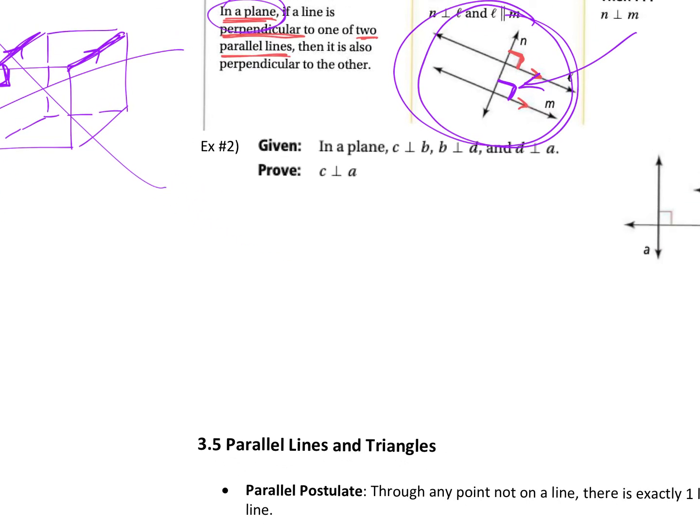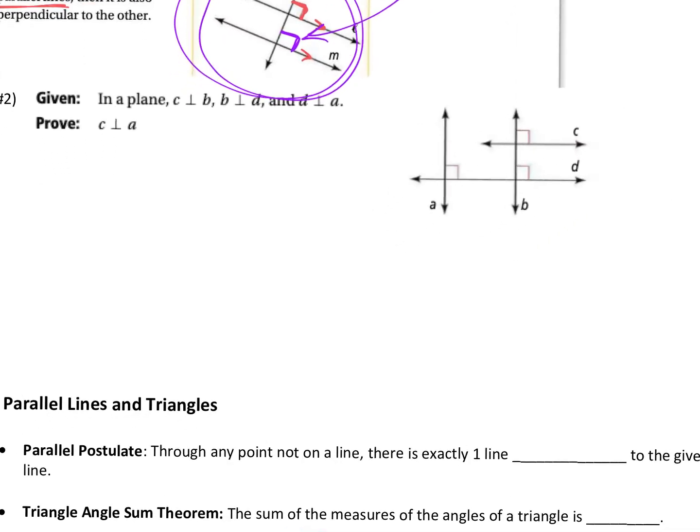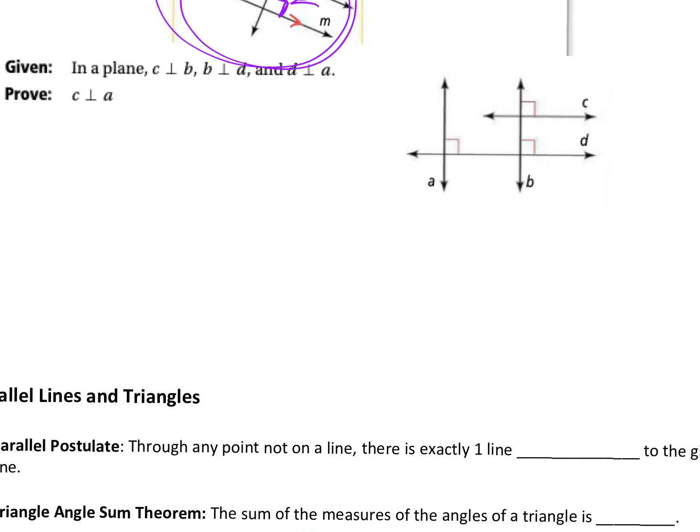Okay, let's take a look here. The proof. It says in a plane, in other words, none of that last picture that I just drew. C is perpendicular to B. Notice they mark that for you.